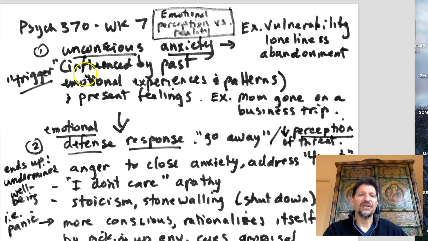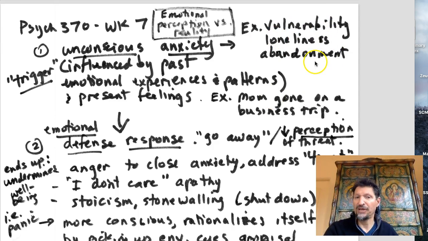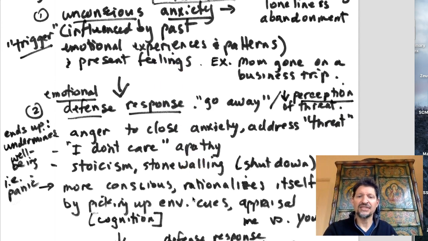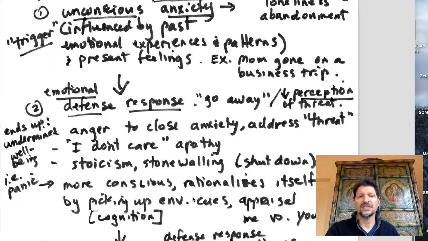Much more ambiguous emotions influenced by past emotional experiences and patterns and present feelings. I use that example of mom being gone on a business trip for my son, and how that created vulnerability, loneliness, and maybe even a sense of abandonment, influenced by his developmental stage, not actually understanding what it means to go on a business trip.